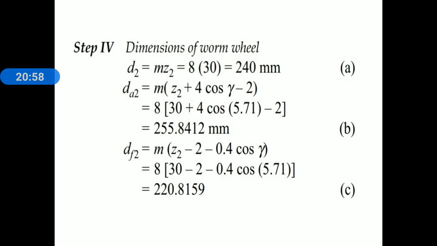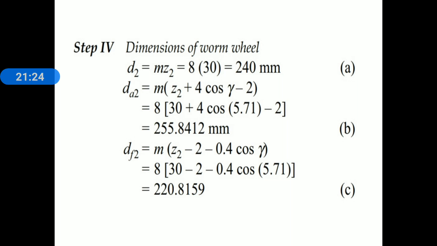Now in that relation we substitute the known values. 8 into (30 plus 4 cos 5.71 degree minus 2). Simplify that and we get the throat diameter of worm wheel, 255.8412 millimeter. Consider equation number B.